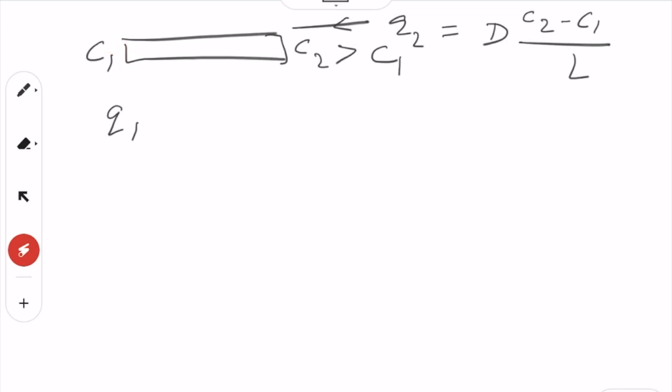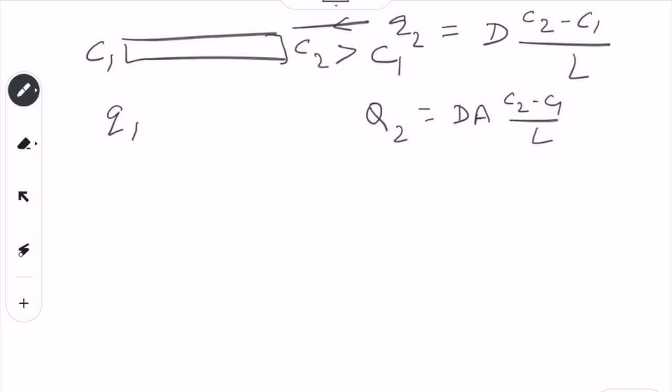In that case you multiply by area. Now we write the capital Q2 equal to D times A times C2 minus C1 over L, and that really means this is the total flow through the cross section.